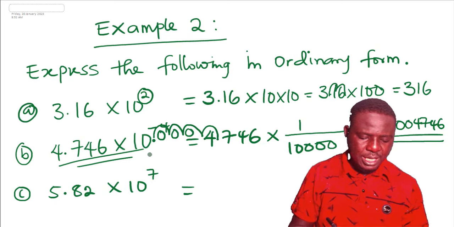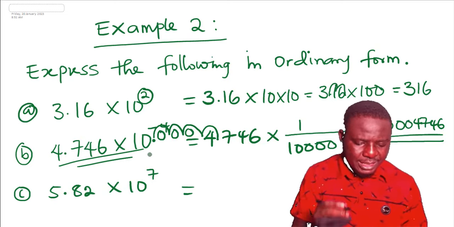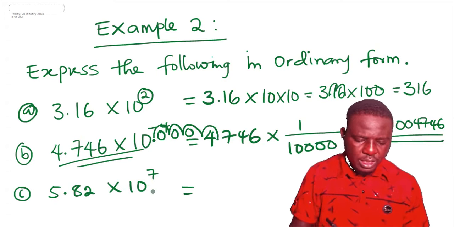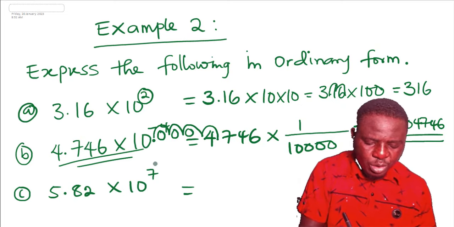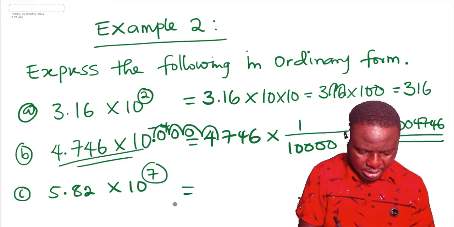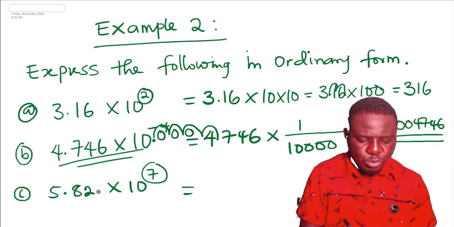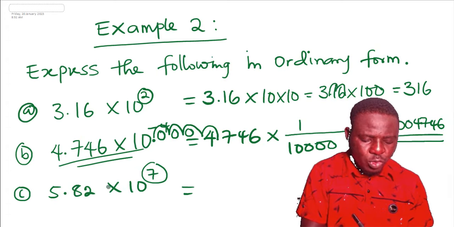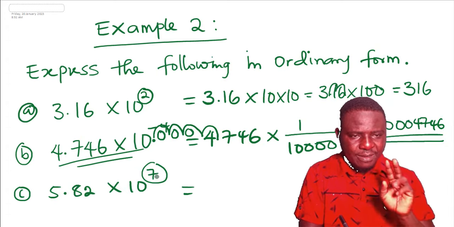Also, a quicker way of solving this is this: 5.82 times 10 raised to the power of 7. Since it is positive, I'm going to move the decimal point towards the right, of which I have 2 digits already. I'm going to subtract 2 from 7 and add that equivalent number of zeros, meaning 7 minus 2 is 5.